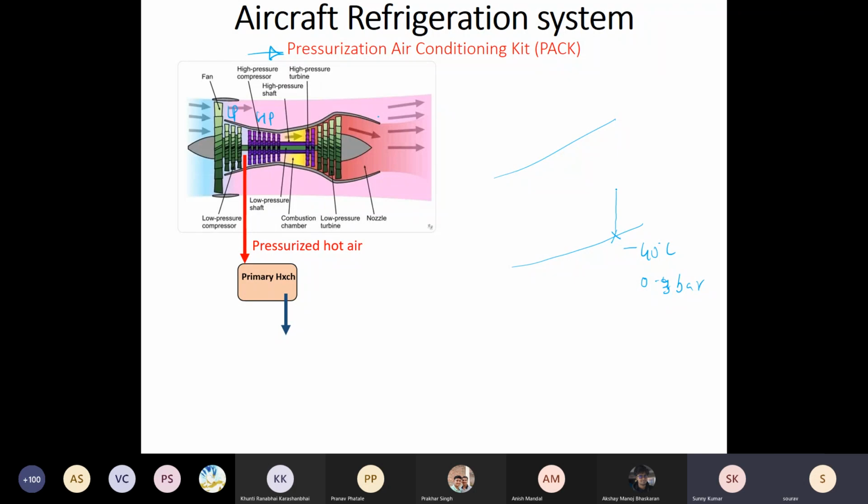It gets compressed, for the time being, let's assume to around 1.5 bar. The temperature at the exit would be significantly higher after this compression process. So this air is then bled, and then we first cool this air in a heat exchanger.